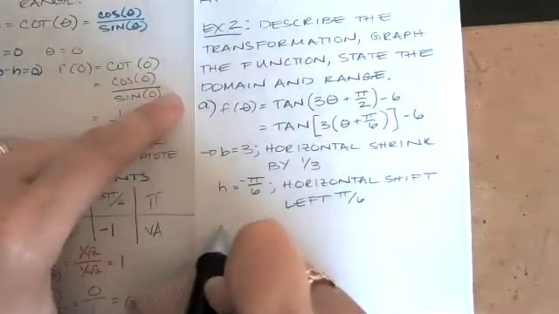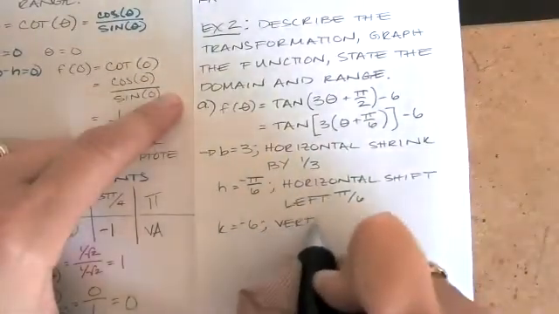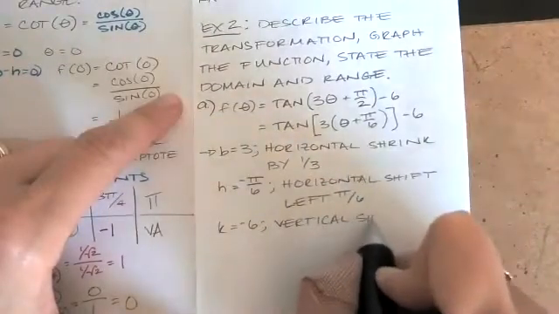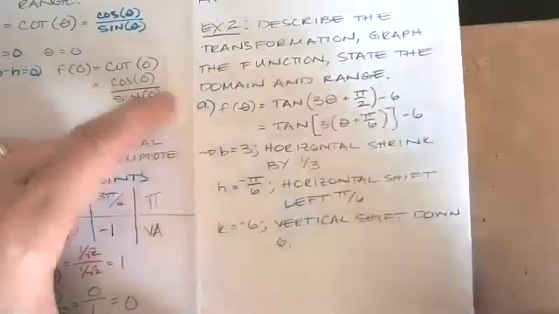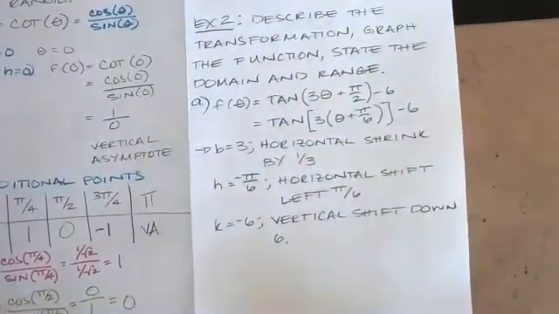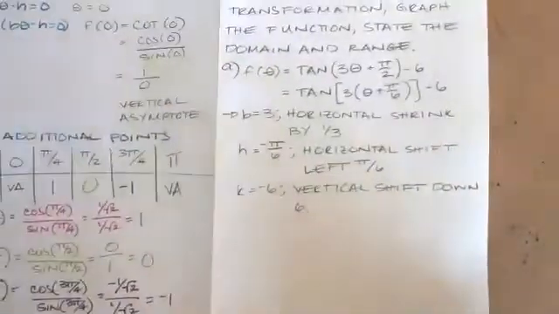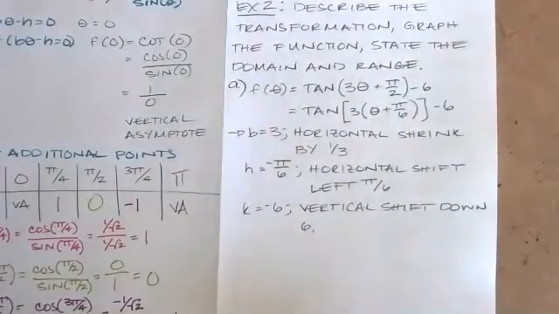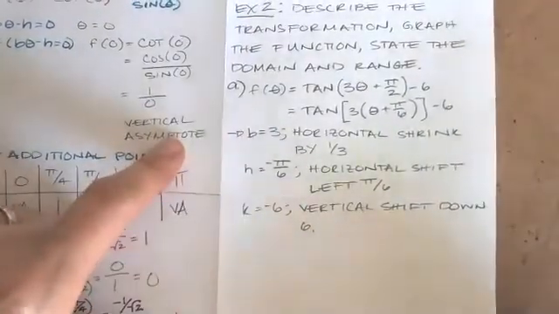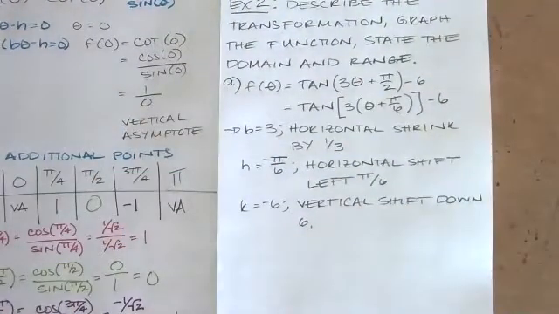And I noticed that k is negative 6, which is a vertical shift down 6. So let me know if all of that is what you expected and makes sense. Okay, good. All right, great.